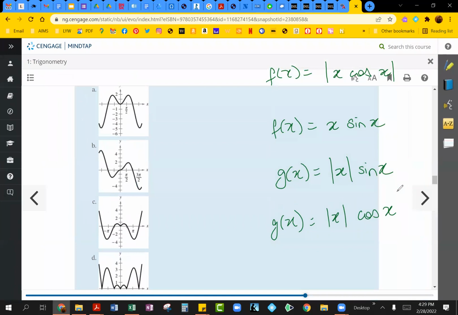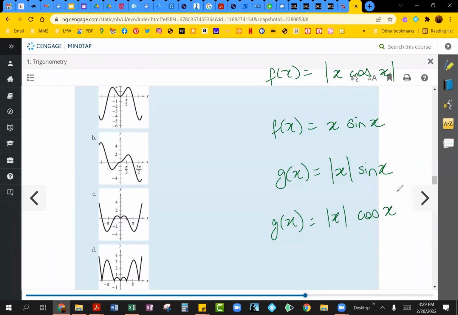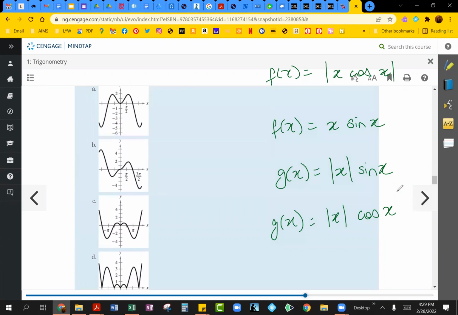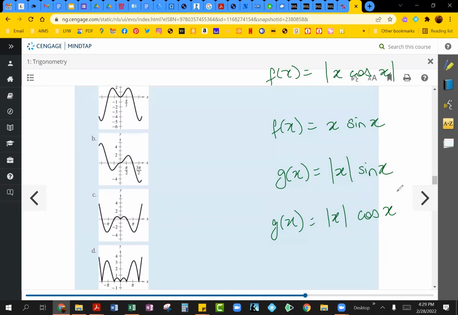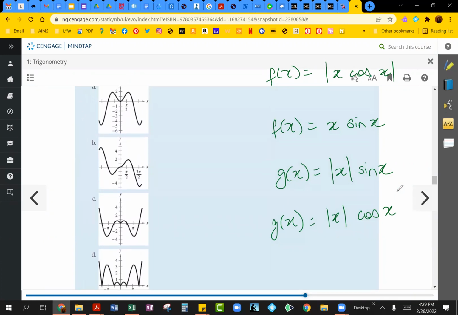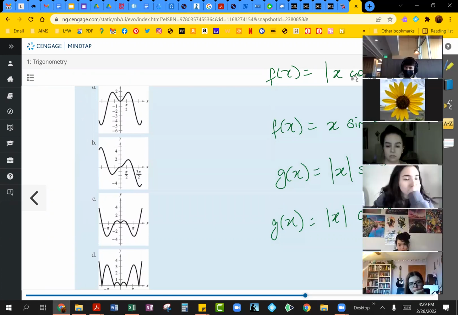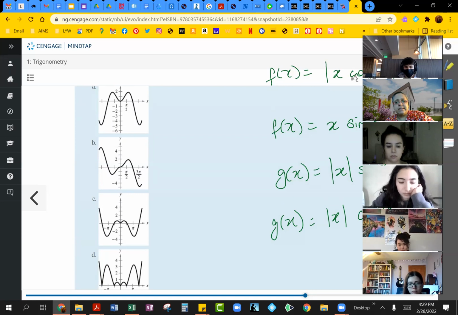Okay, so between A, B, C, and D, which function would you choose for which graph? I'll give you guys a couple seconds to look through that, see what you are leaning towards, and then we'll have you share your answers through chat.